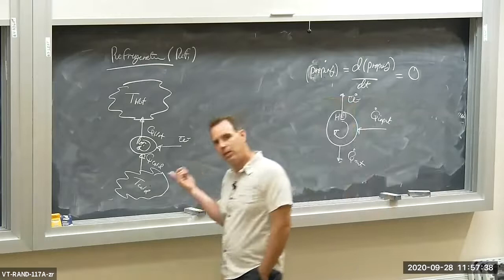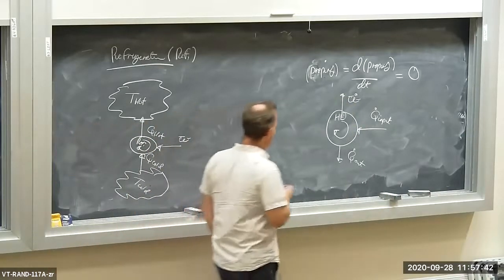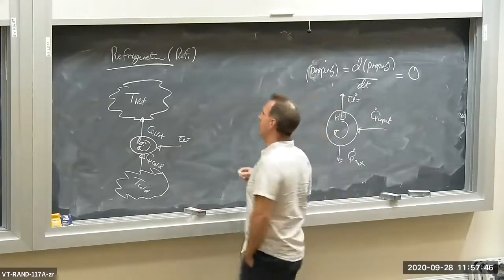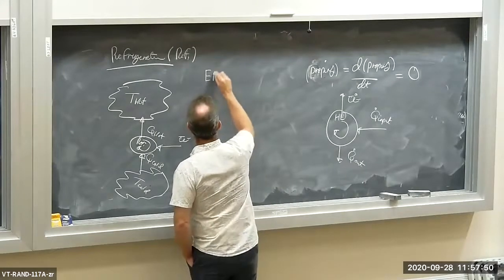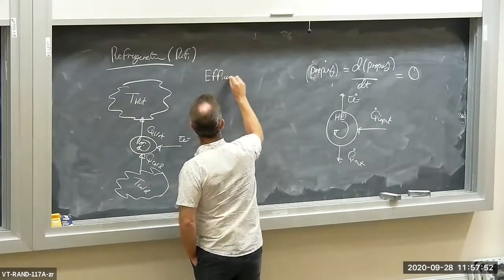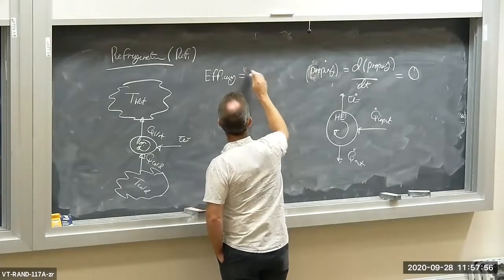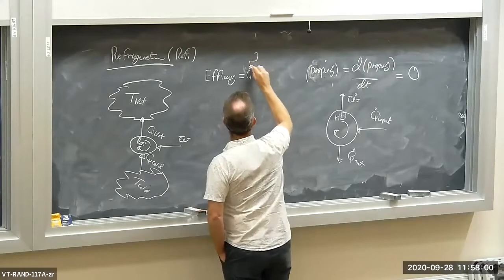How do we define the efficiency for this particular device? I'm not going to use eta. As for a heat engine, I'm going to use what's called a coefficient of performance. So efficiency, I'm going to call it the coefficient of performance. So COP.